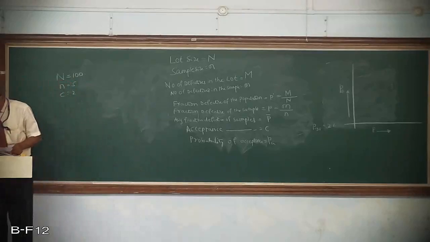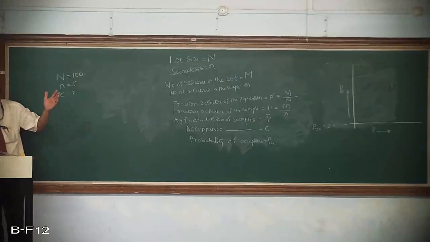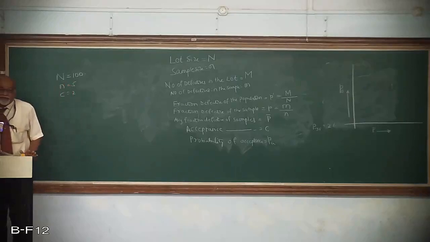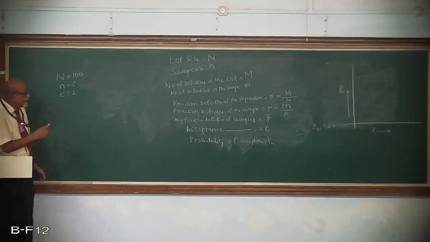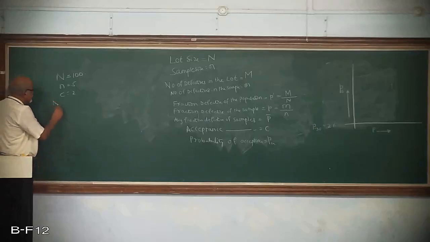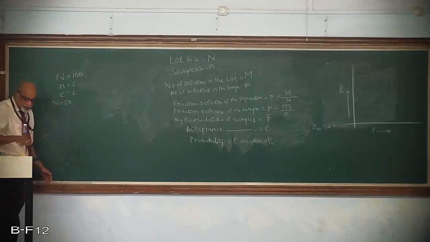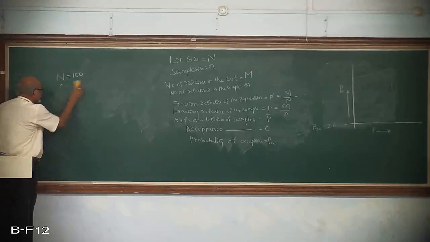I can go on and see how it will look. That means I should go on drawing this curve. It will behave differently. Suppose N is 50. So I'll give these different examples. Try to understand this one.